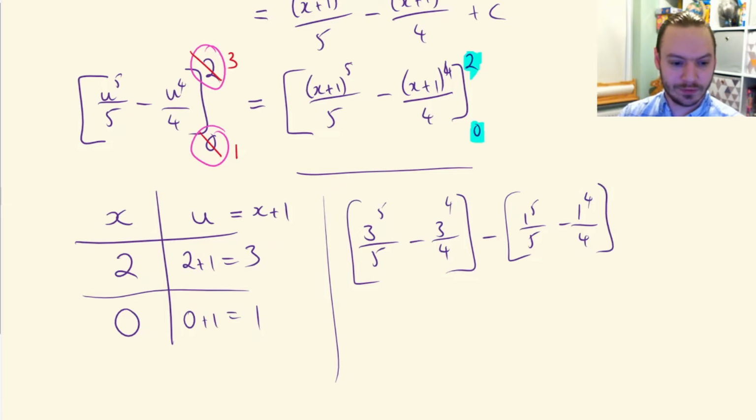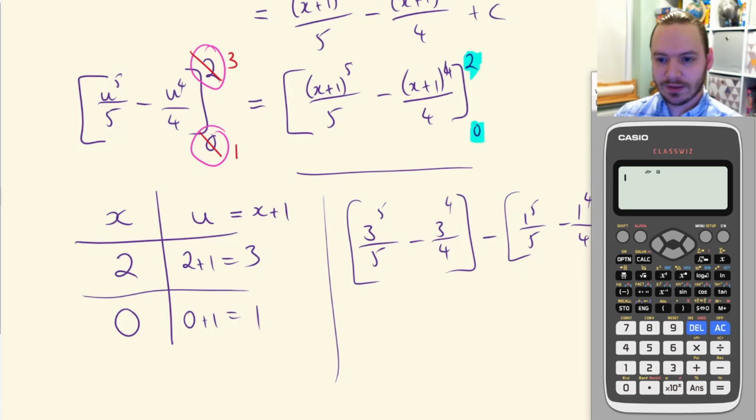And at this point, this is just a calculator question, which is not terribly difficult to do. So 3 to the 5 over 5 minus 3 to the 4 over 4. I should probably put some brackets in there.